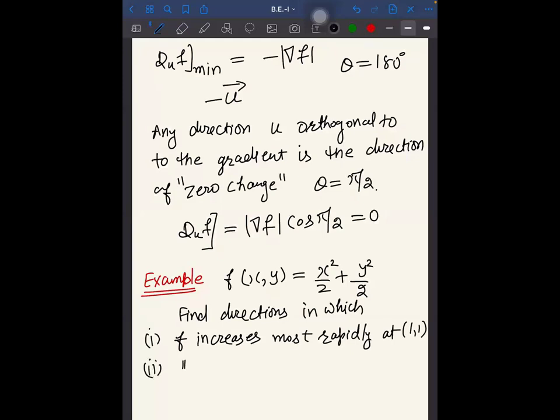Second, f decreases most rapidly at (1, 1). Third, directions of no change, right? Direction of no change.